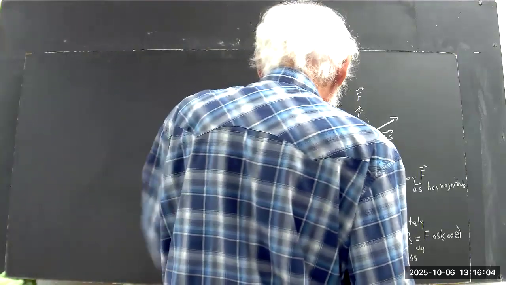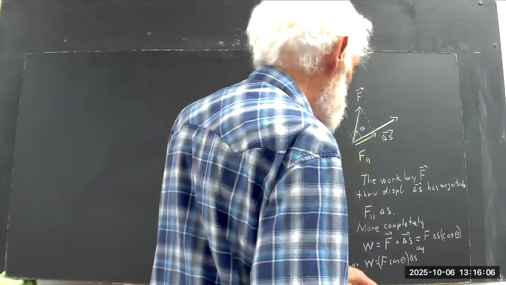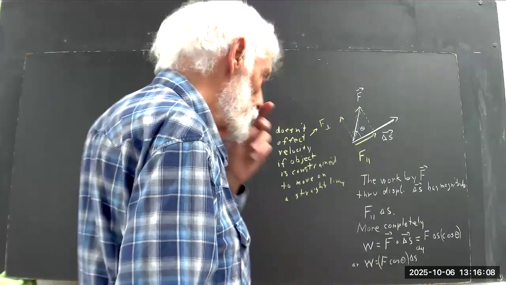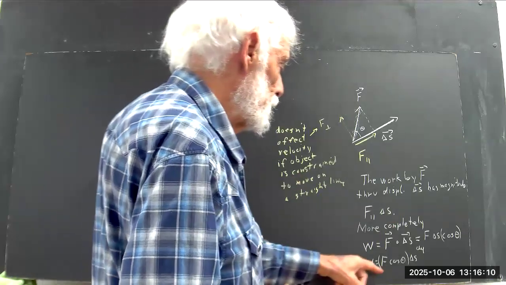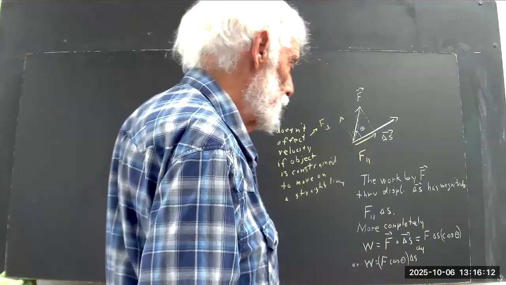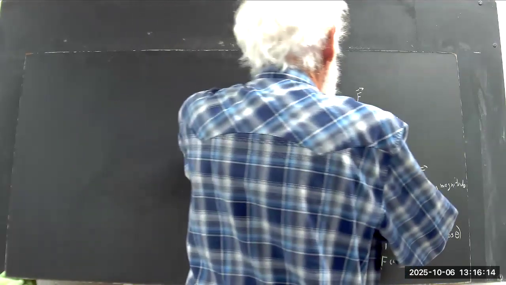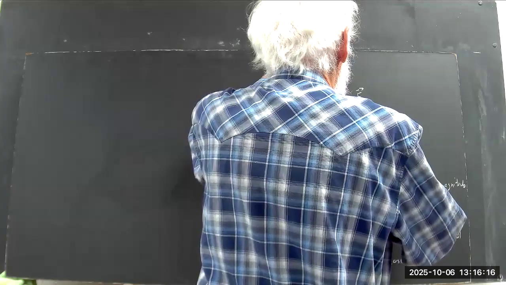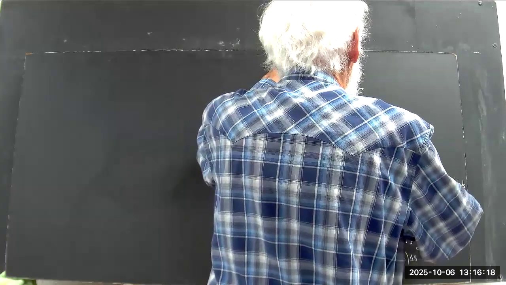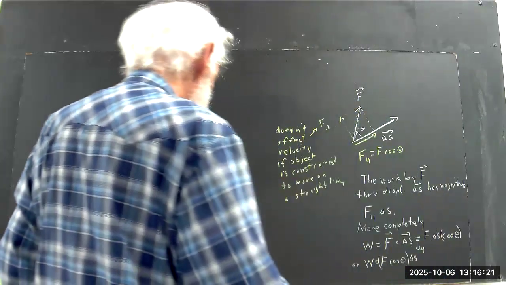And of course, F parallel here, I said that magnitude is F parallel delta S. Here I say it's F cosine theta delta S. Well, F parallel is F cosine theta.